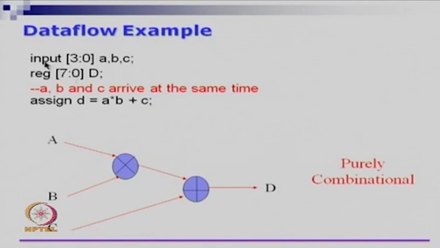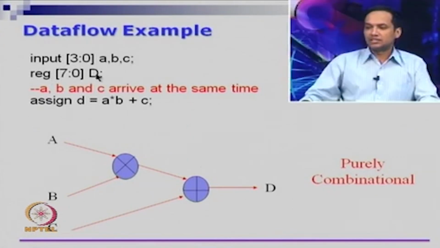Let us say we have input [3:0] A, B, C and we have a reg [7:0] D, and we have assigned D equals A times B plus C. So, D is assigned A times B plus C. A times B is a 4 bit number multiplied by another 4 bit number, the result is an 8 bit number to which we are adding a 4 bit number. So, the result is an 8 bit number.